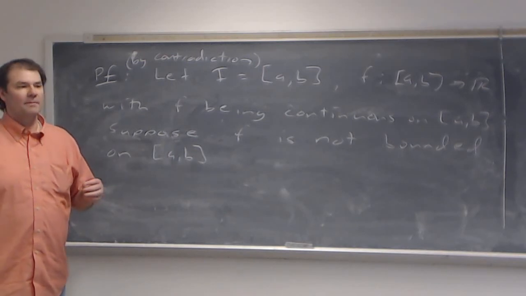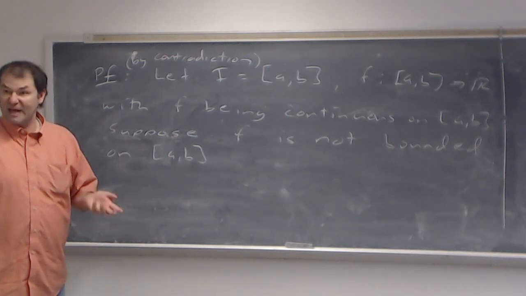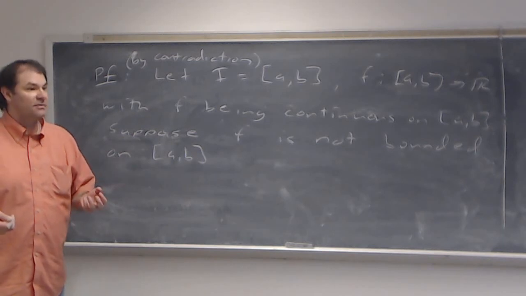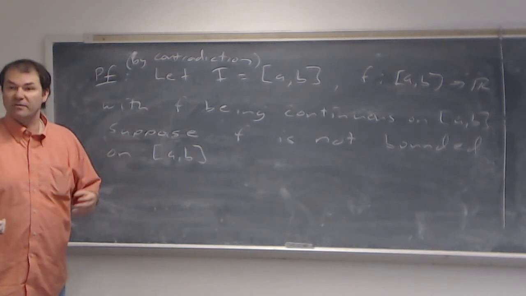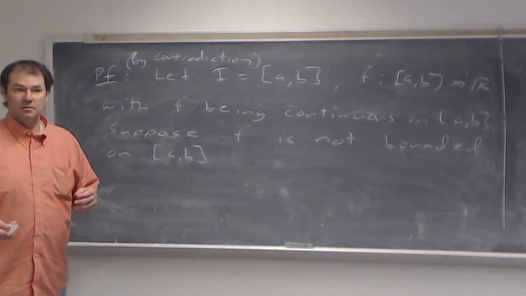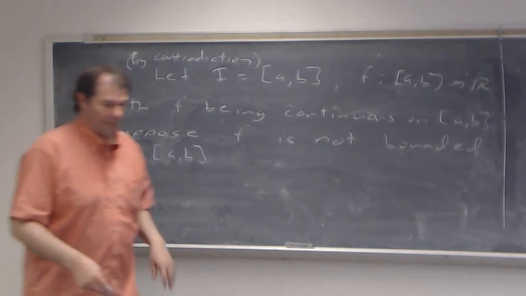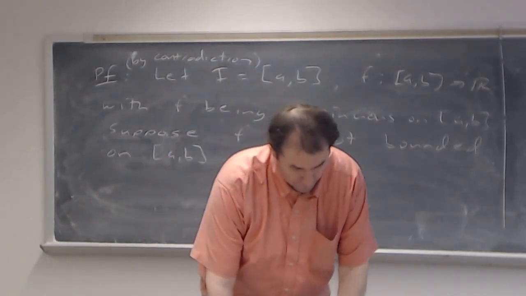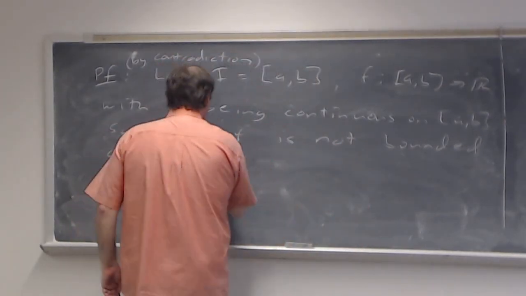What does it mean to not be bounded? It means no matter what number you give me, to act like the n, there's some x in the domain such that the absolute value of f of x is bigger than that number. All right, that's what it means. So we will write that.